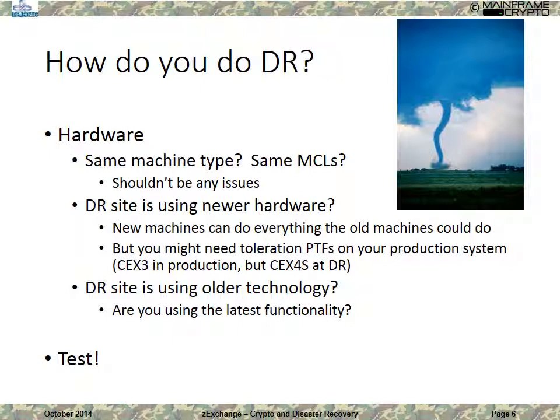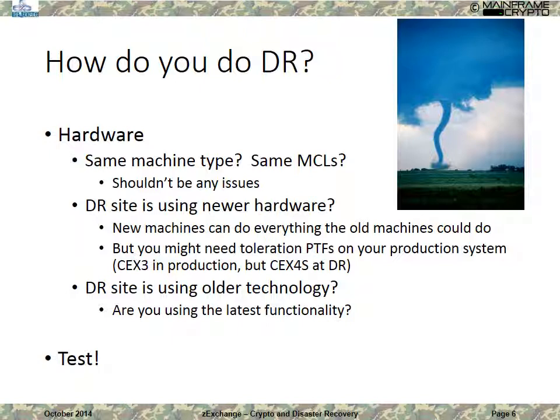So, for example, let's say you're running a Z196 with Crypto Express 3s in production, and your DR provider is going to give you a zEC12 with Crypto Express 4Ss. And let's suppose you're running a little bit older version of ICSF, maybe HCR 7790. Well, 7790 does not know what a Crypto Express 4S is.